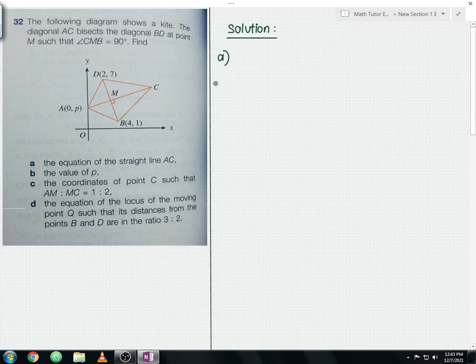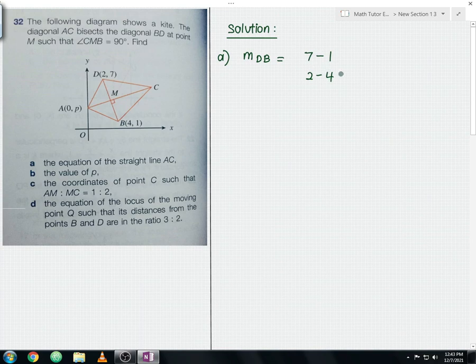From here, we find the gradient of the straight line DB. So MDB will be equal to y2 minus y1 divided by x2 minus x1. We set point 1 as B and point 2 as D. So y2 minus y1 will be 7 minus 1, and then divided by x2 minus x1, which is 2 minus 4.